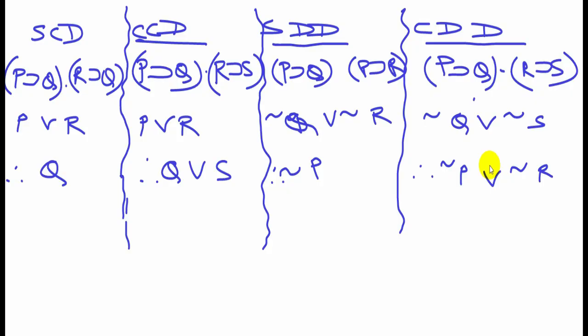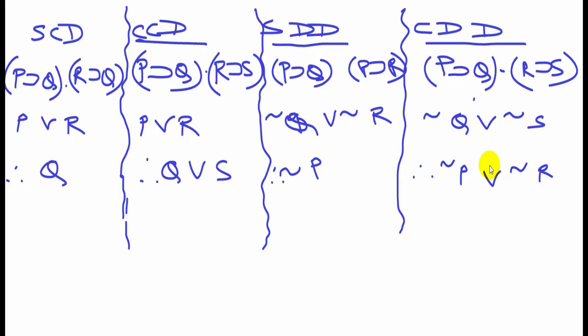So, this is the difference. In the simple constructive dilemma, the consequences are the same. In complex, the antecedents and the consequences all are different. Similarly, whether it is constructive dilemma or destructive dilemma, we have to write all separate terms.